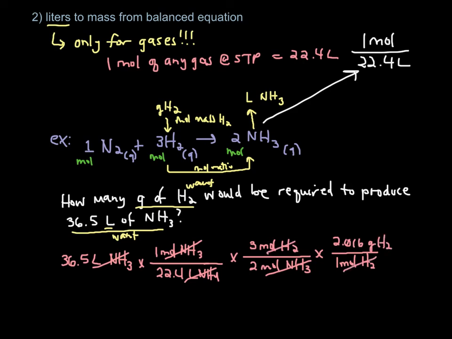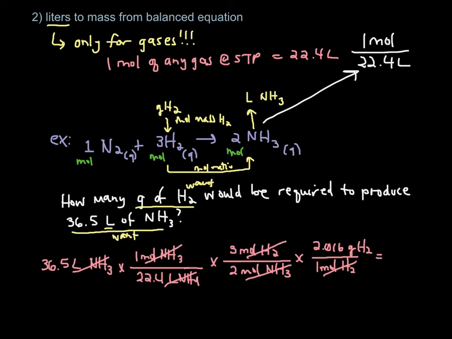So moles of H2 cancel, and then it just becomes a matter of working out the math, and you get 4.93 grams of H2 that would be required to produce 36.5 liters of NH3.